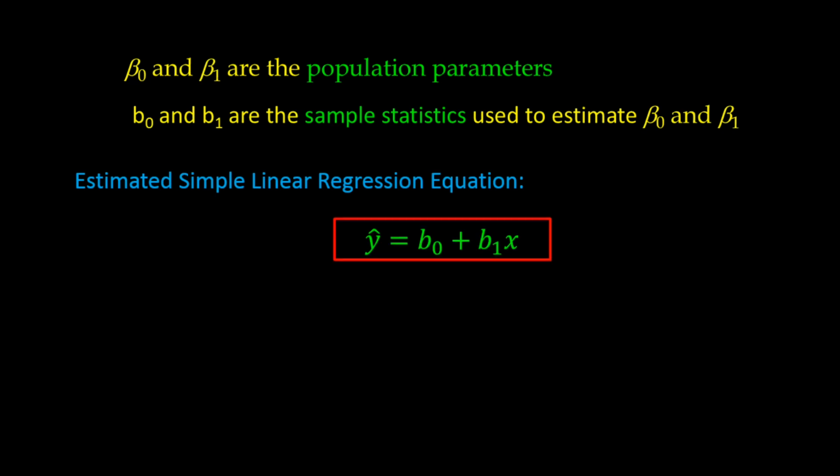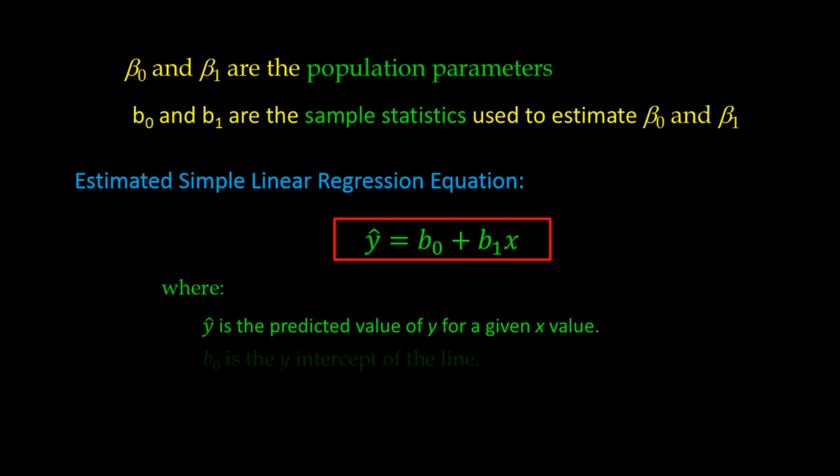Now this y with something that looks like a hat on it is actually called y hat. And in the equation, y hat refers to the estimated or predicted value of y for a given x value. b0 is the y-intercept for the line, and b1 is the slope.